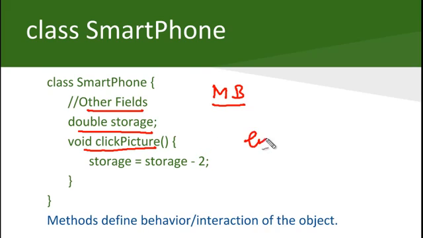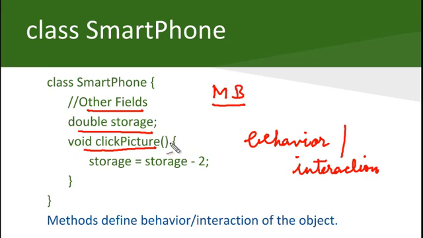Click picture is a behavior or an interaction that the object of smartphone will be doing. When a picture is clicked, the storage decreases by 2 MB. So when an object calls this method, its storage will decrease by 2 MB.